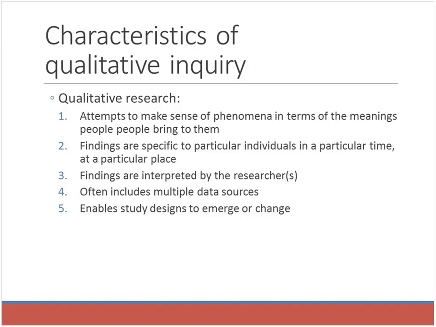But this is definitely not the case with qualitative inquiry. In qualitative research, the researchers work really closely with the participants. Like I said, we think about participants as the experts, and we're trying to understand their view on matters. So in some cases, we even think about our participants as co-investigators. They really have the information that we're trying to get.